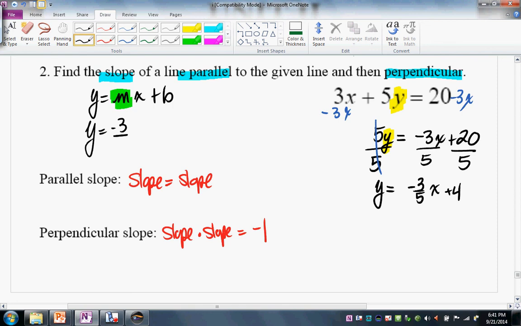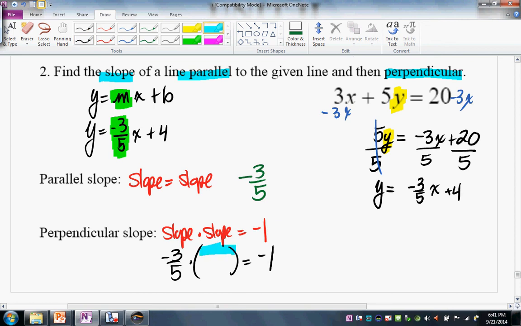Let's write this right under here. Y equals -3/5x plus 4. Now we see the slope of the line is -3/5. So a parallel slope would be -3/5. To find the perpendicular slope, it's -3/5 times something equals -1. And you ask yourself, what goes in that something?